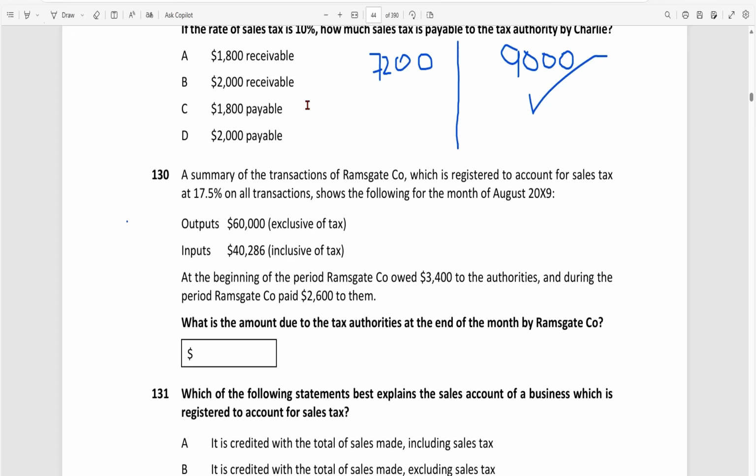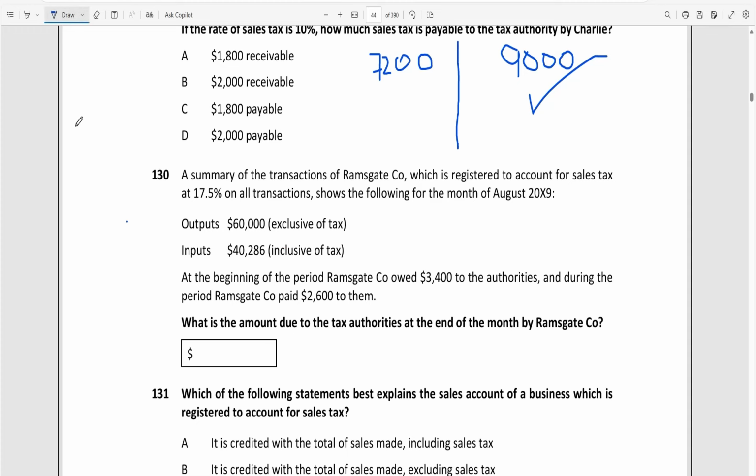So at the beginning of the period, Ramsgate Company owed 3,400 to the authorities, and during the period, Ramsgate Company paid 2,600 to them. So what is the amount due to the tax authority at the end of the month by Ramsgate Company?